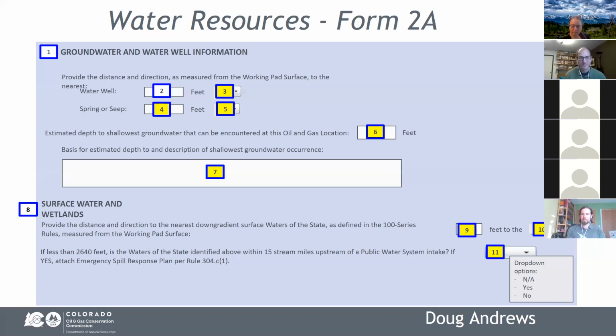That's data field number 6. Data field number 7 is that text box where you can tell us how you arrived at that estimated depth.